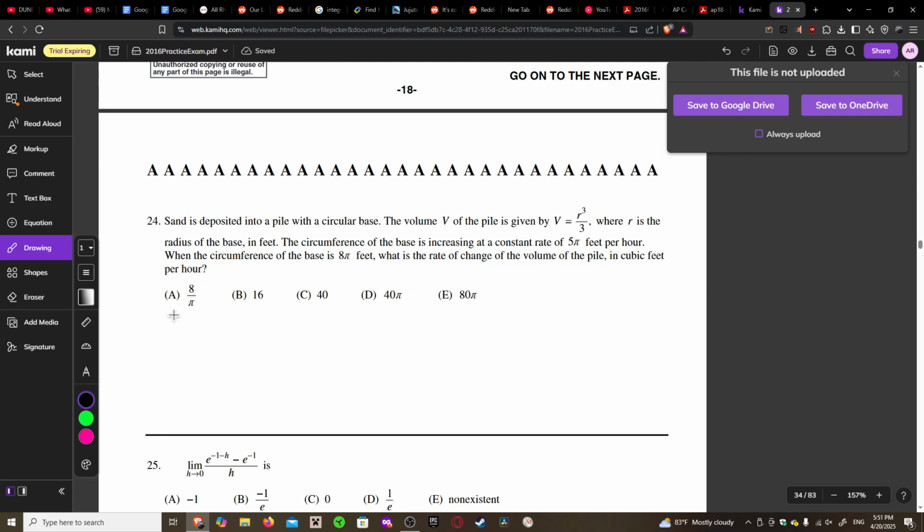Remember C is equal to 2 pi r. So that means dC dt is equal to 2 pi dr dt. When the circumference of the base is 8 pi feet.